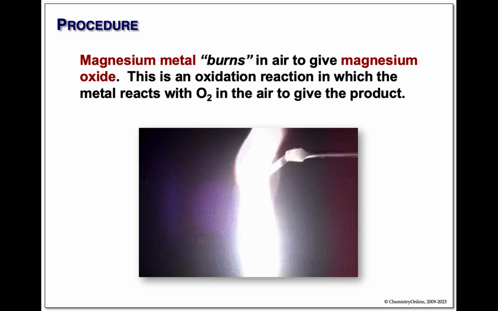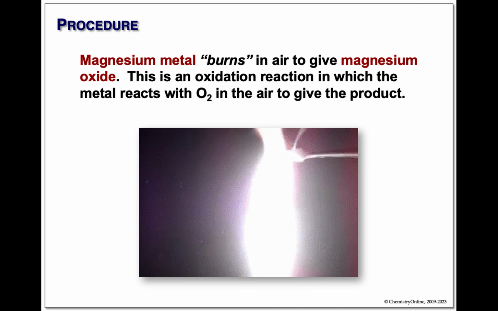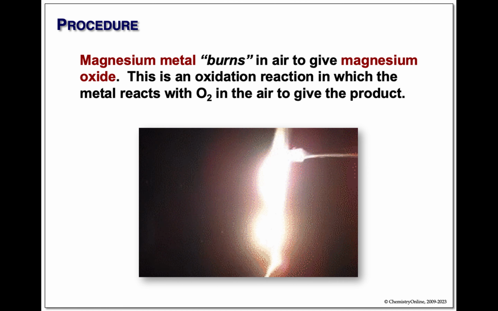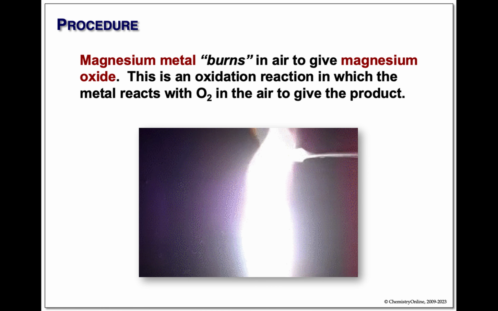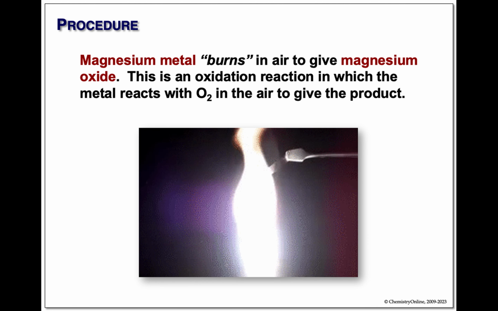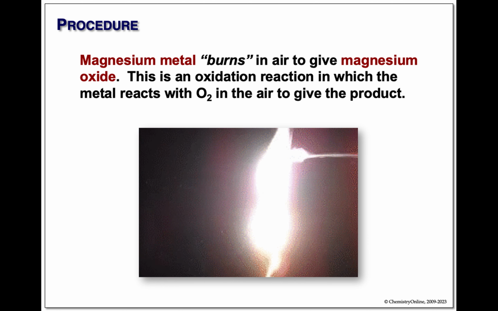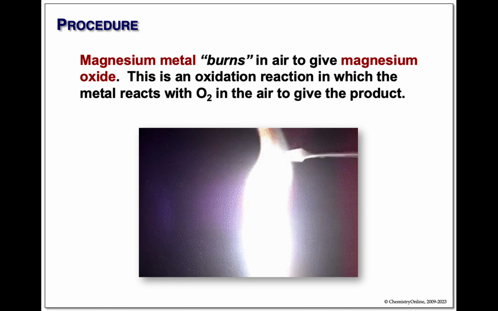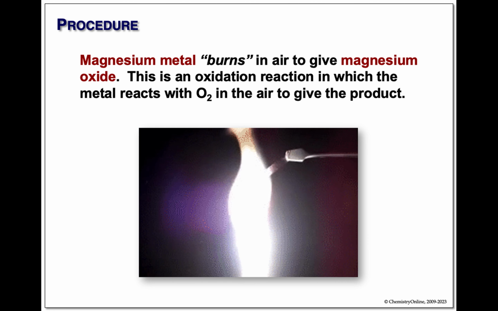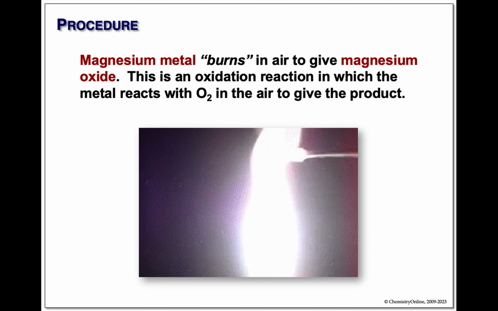We've seen magnesium ribbon burn. Very brilliant. Make sure not to look at it when you're doing this. It reacts with oxygen and gives magnesium oxide as a product. The question is, what is the empirical formula for magnesium oxide?